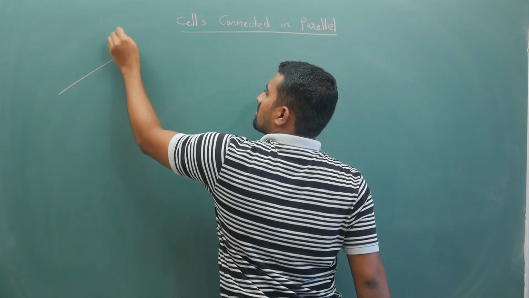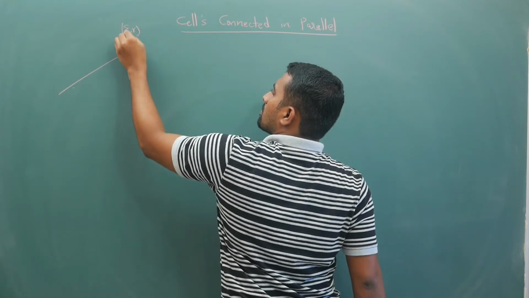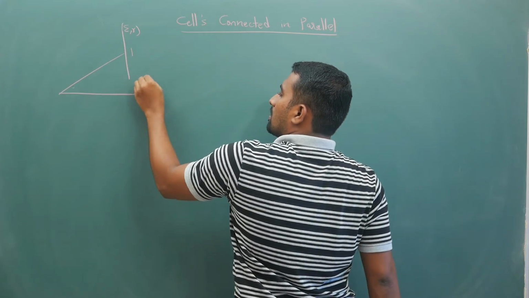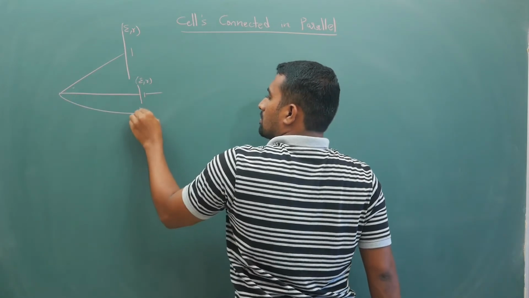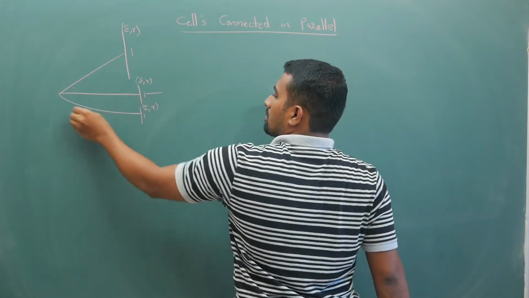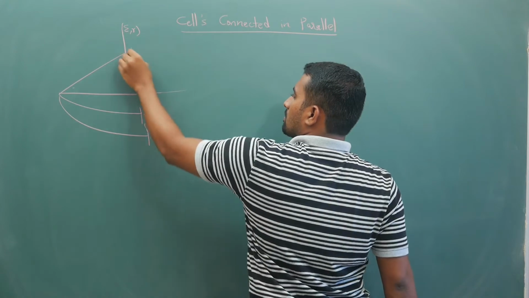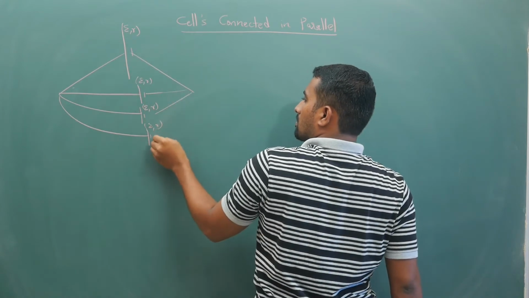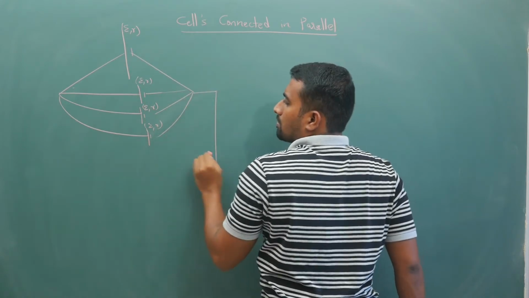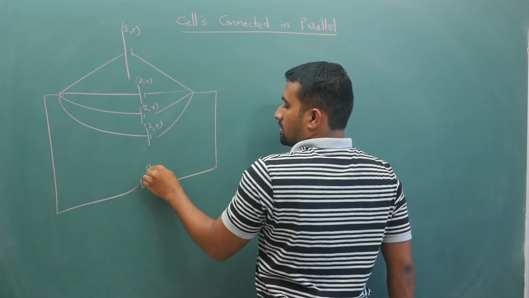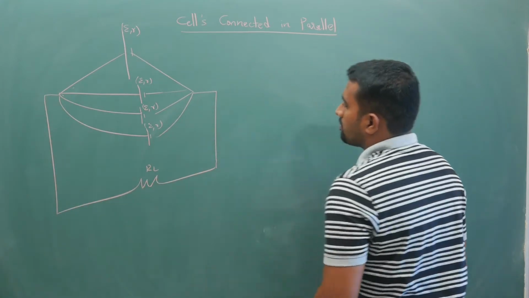Identical cells first, E comma R, E comma R, E comma R, E comma R, like this. This is your load resistance.